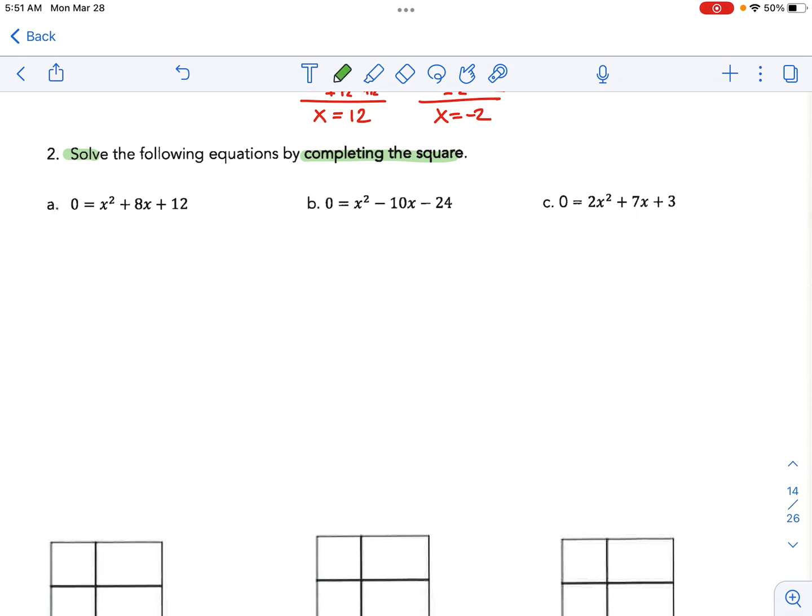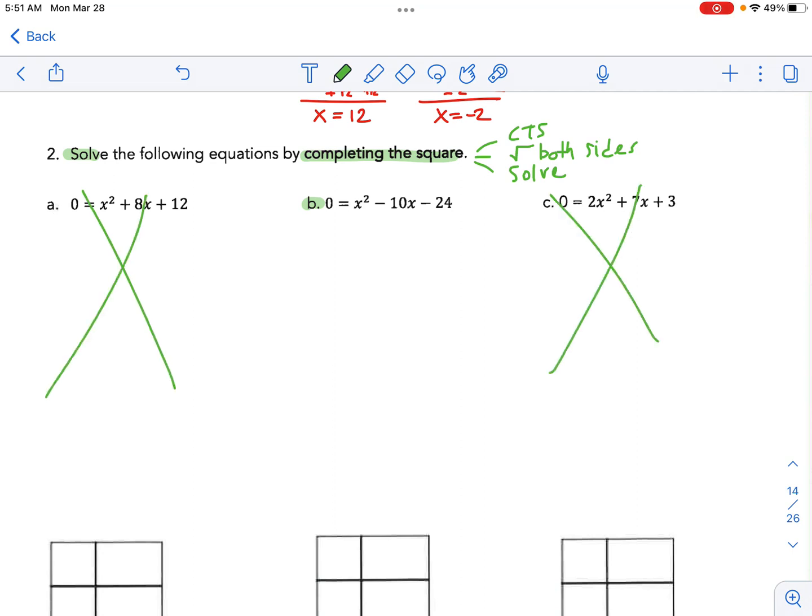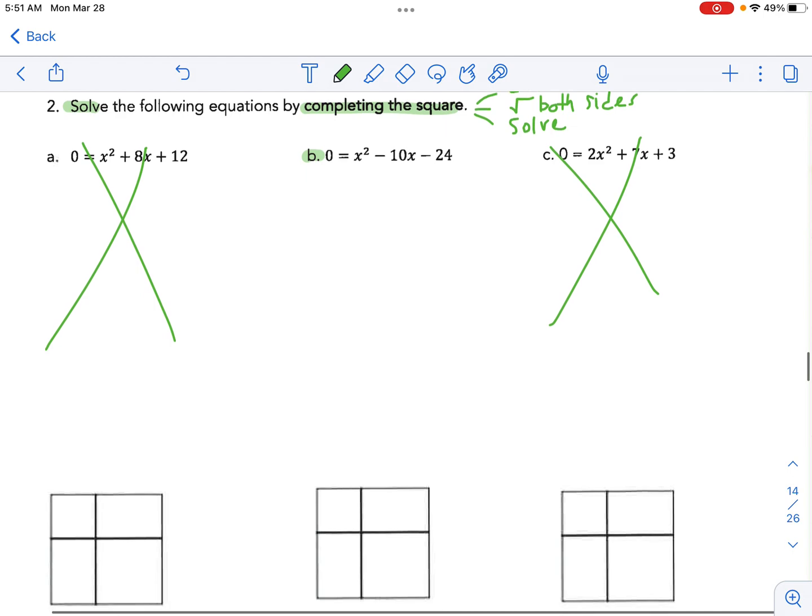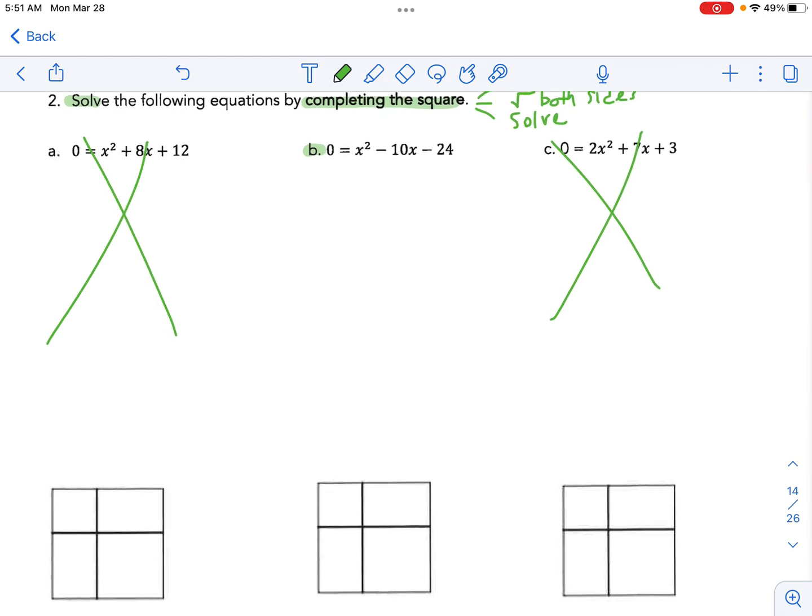Go ahead and complete the square, and after you've completed the square, you can square root both sides, and then you can solve each equation. Go ahead and pause the video. We're going to do B again. Let's stick with B's. A and C would be for extra practice. Pause the video and try B on your own.